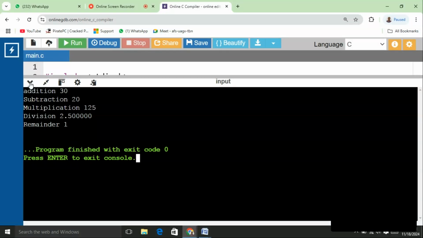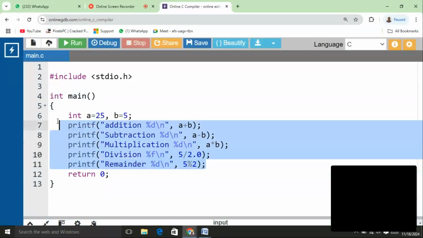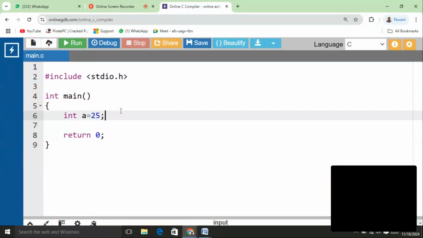Now I separately explain the increment and decrement operators. Now I consider only a value: a equal to 25.